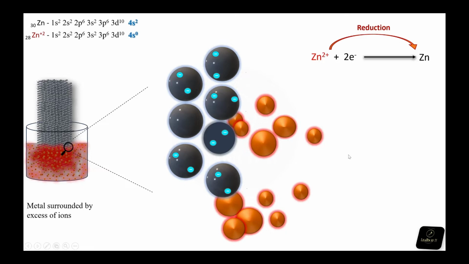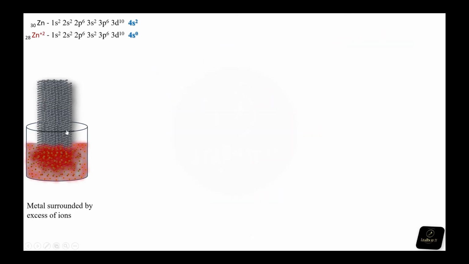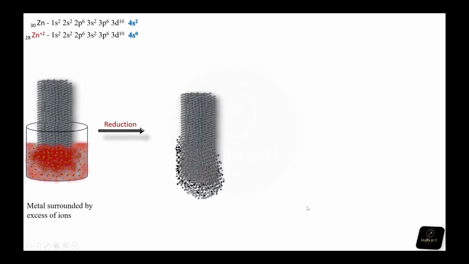So this accepting of electrons from the neighboring atoms continues. So that's why when zinc metal is in contact with an excess of Zn+2 ion, there will be reduction. Due to the reduction, the size of the metal rod increases, but there will be a deficiency of electrons in the rod. Hence this rod is called an electrode.